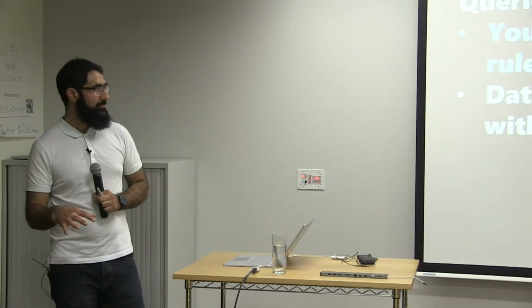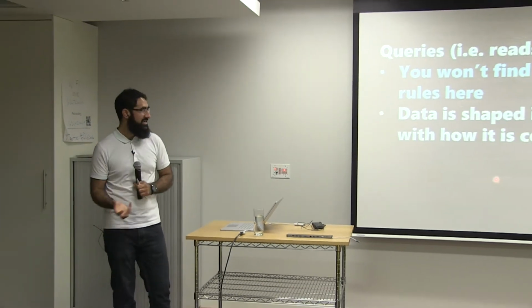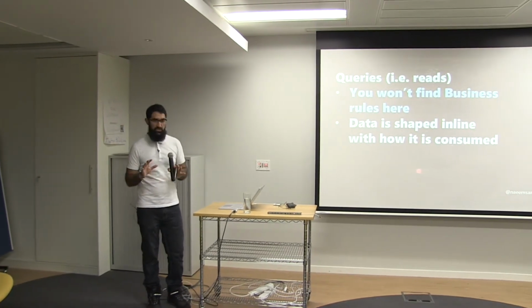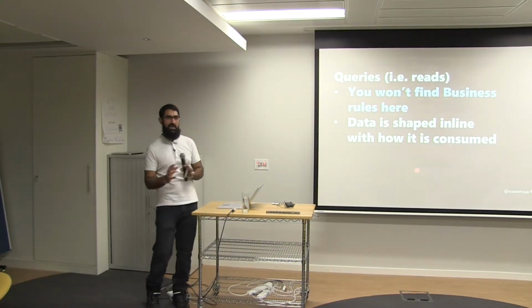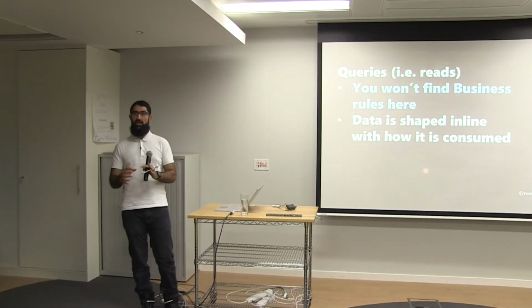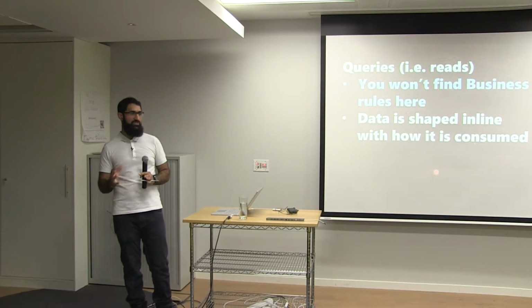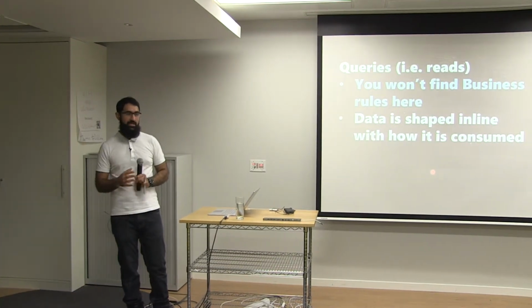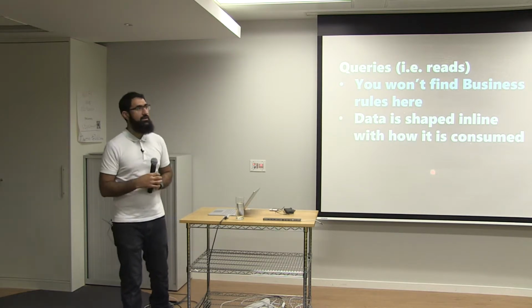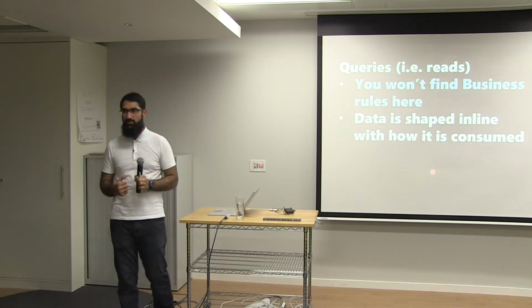And maybe the only other point I want to mention about the reads or the queries, the methods that return data, is that usually the shape of that data will reflect how it's going to be consumed in the front end. So you can now start to return data which is in a better shape, like for example in the application search table that we created.